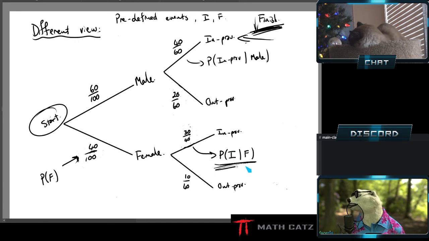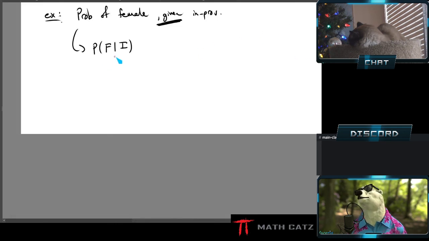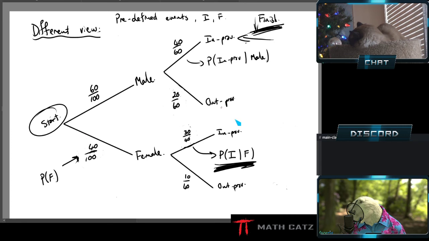See, this one's different. It's not the same thing. This one was given female, probability of in province. It's not the same as what we're doing now. It's swapped around. This one is, given the person's in province, what's the probability of female. And intuitively, that messes me up because I don't know what to do. It's flipped around. I have no idea.